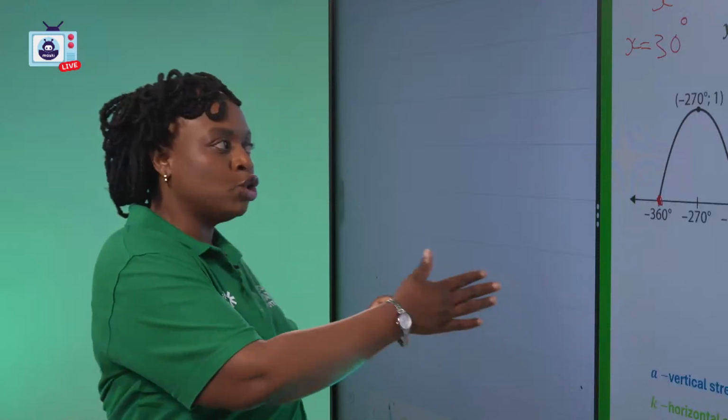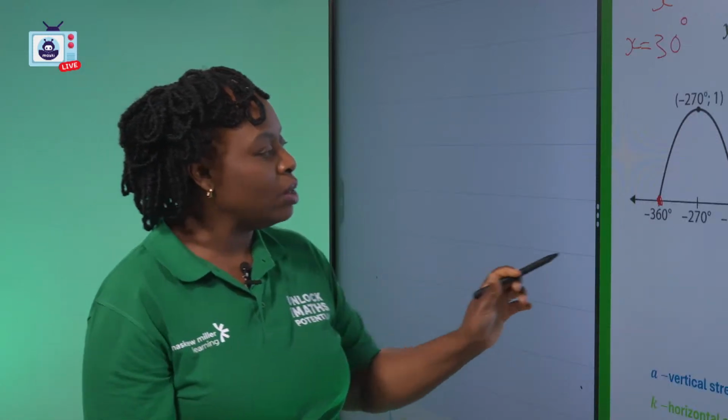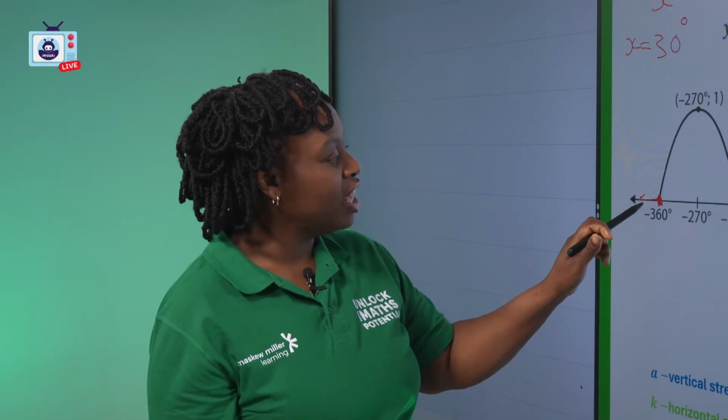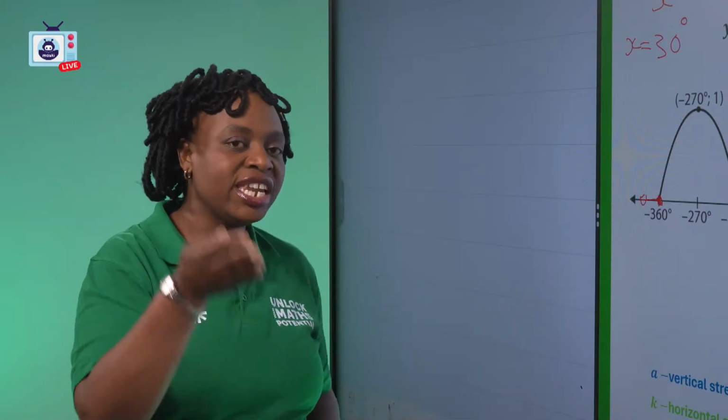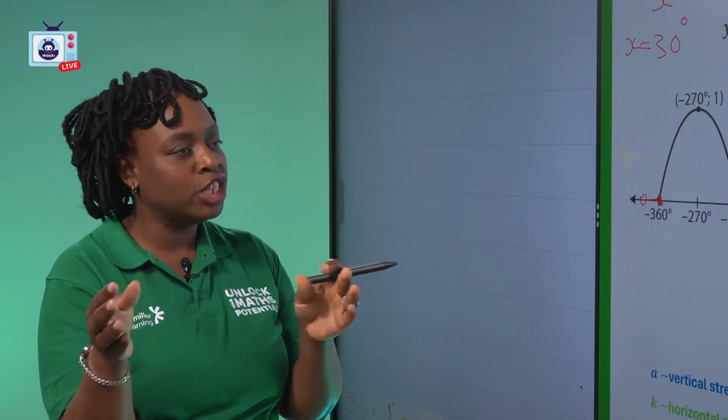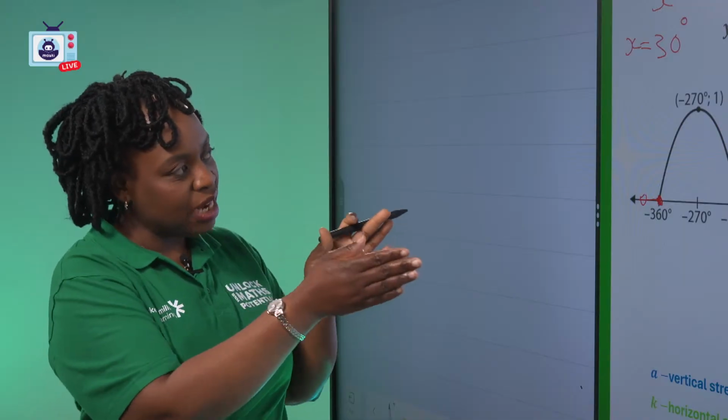So it will move to the right. It will move from here, go 30 units to the right, and each and every point on that horizontal line will shift to the right in that manner. So that's what that one means.